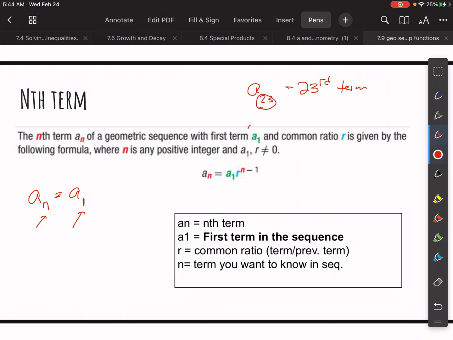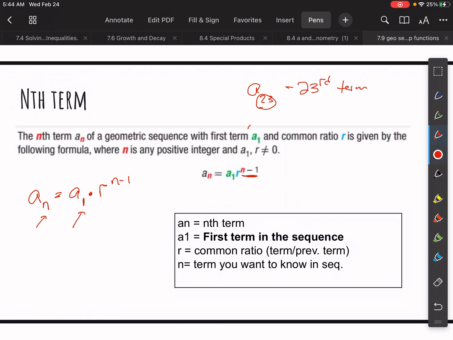So a1 means the first term. Then I'm going to multiply that first term by the common ratio, which we've talked about how to find, all to the power, and this is where these exponentials come into play, of n minus 1. Let's go back to the 23rd.